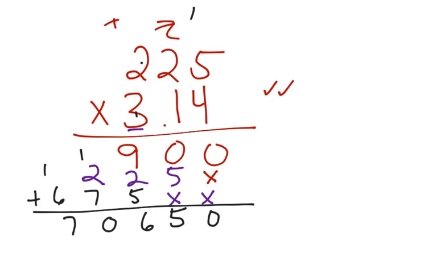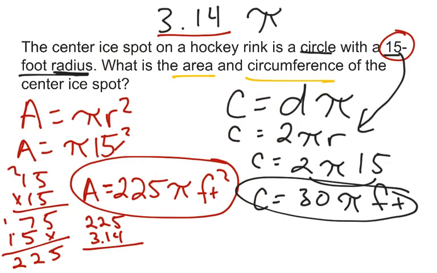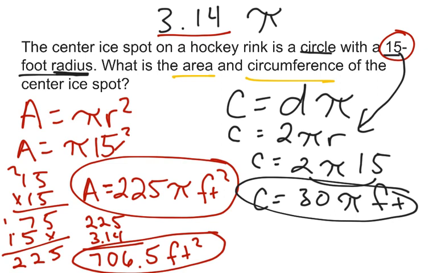And I need to move my decimal 2 spaces. So my estimated area is going to be 706 and 5/10 or 50/100 feet squared. So that's my area.